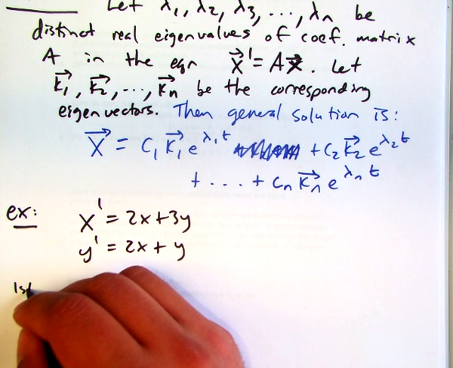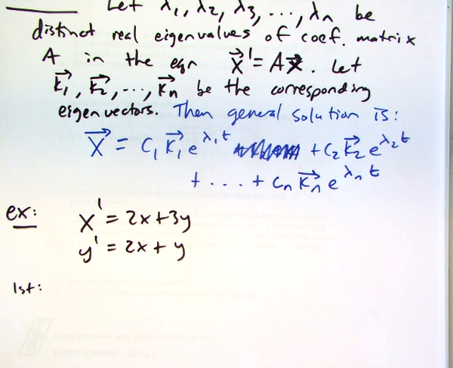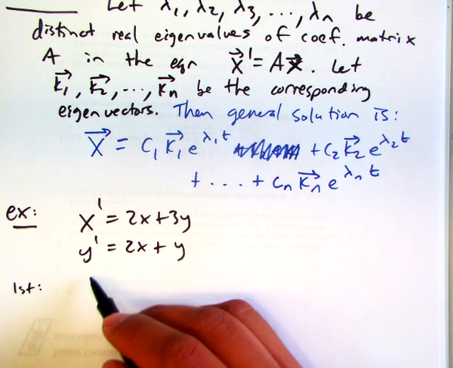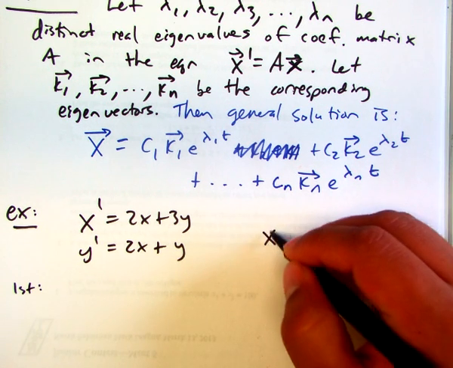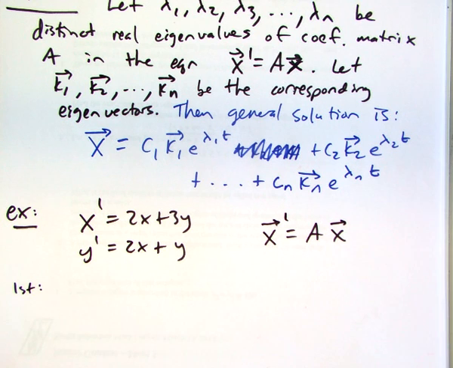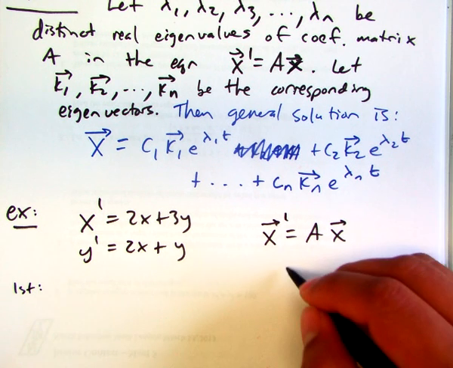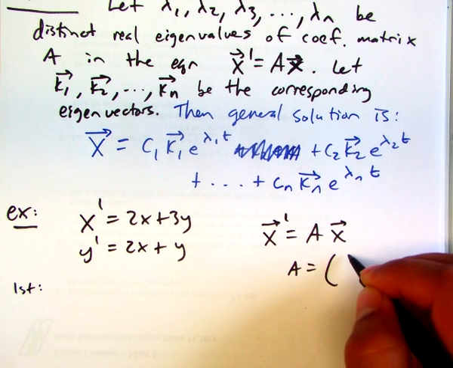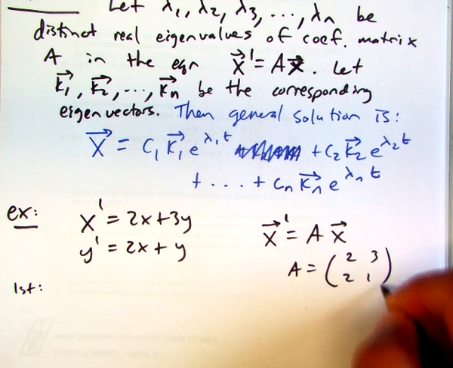Okay, so first, identify that this is really the same thing as x prime equals Ax, where A is the coefficient matrix 2, 3, 2, 1.